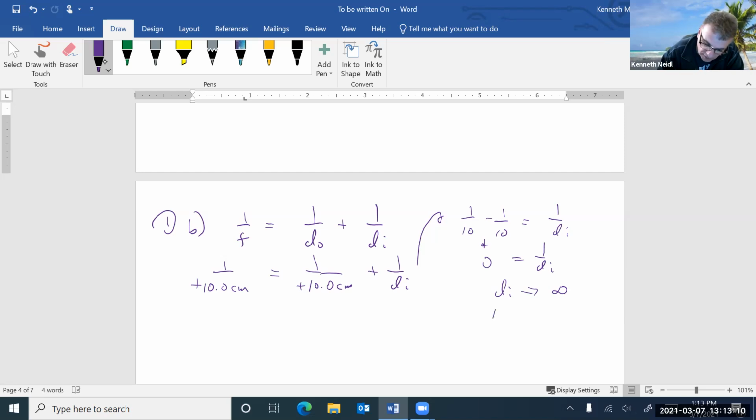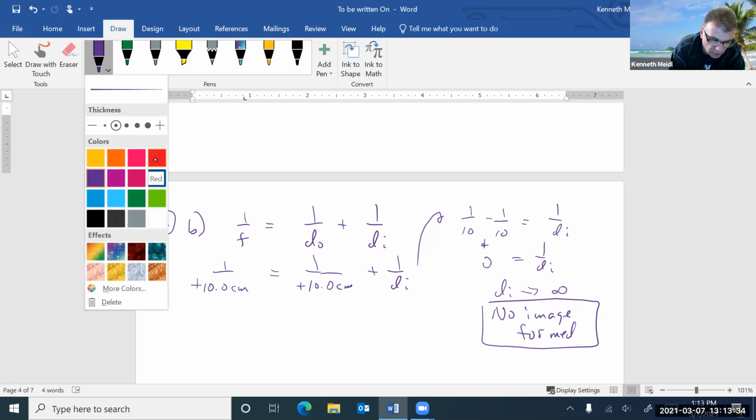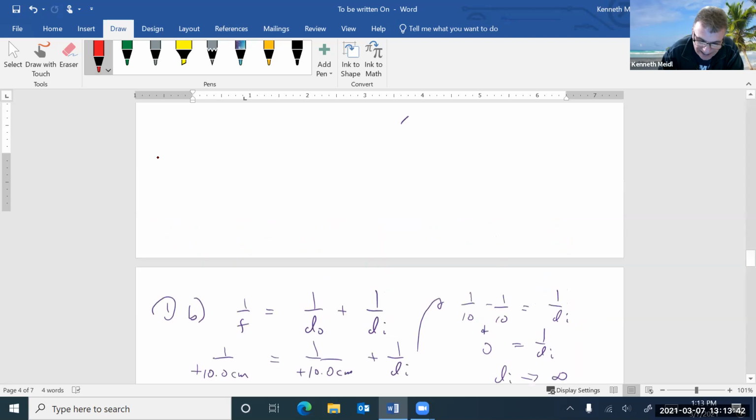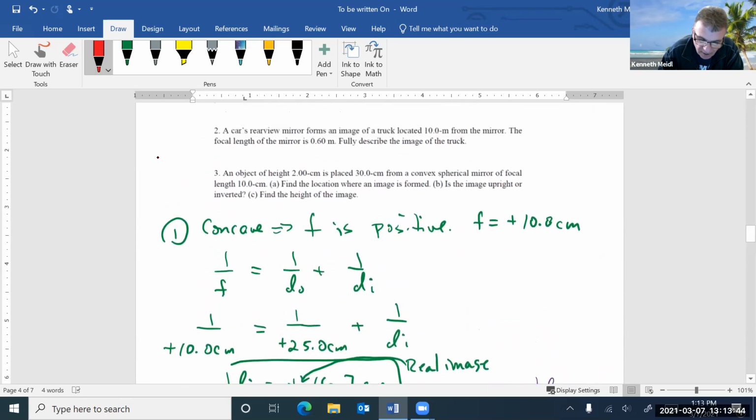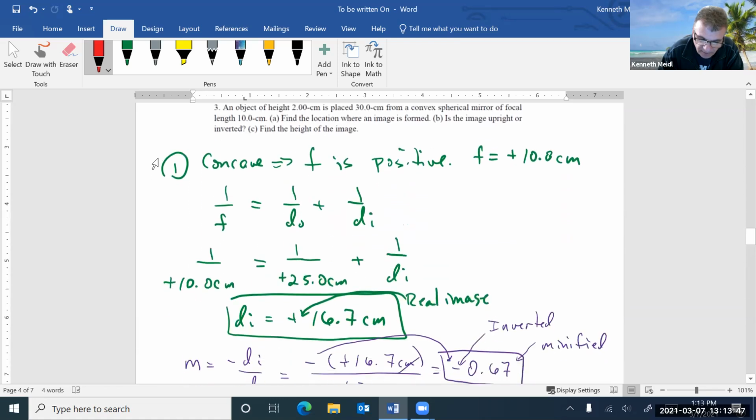And so here, just like in the ray diagram that we did in the previous lesson, there is no image formed. Okay, and I suspected that was going to happen because I just refreshed my mind with what took place with the ray diagrams up above.